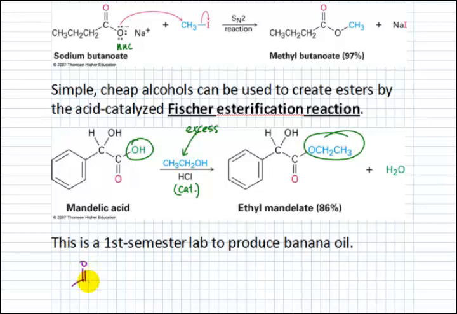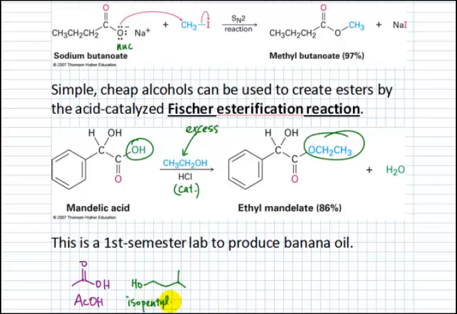What we did was take acetic acid, and we can start abbreviating that AcOH now that we know the acetyl group. Acetic acid and isopentyl alcohol. So 1, 2, 3, 4 with just a branch on the end. Isopentyl.